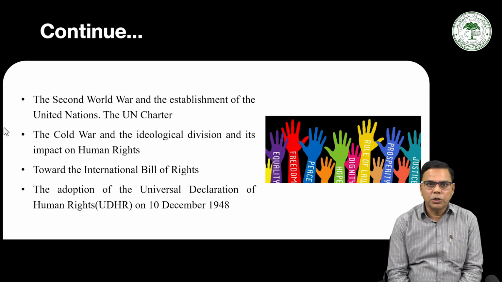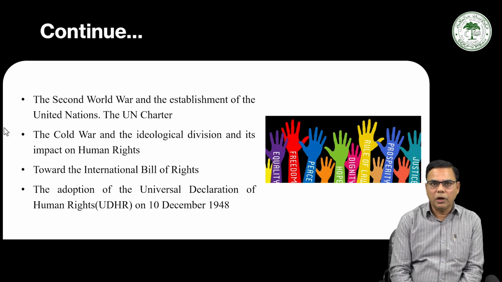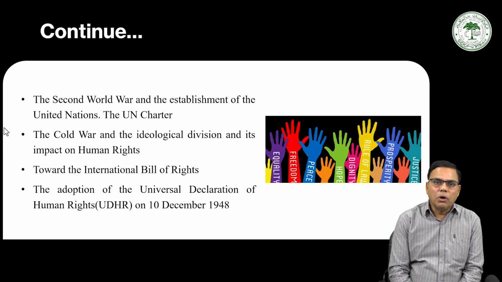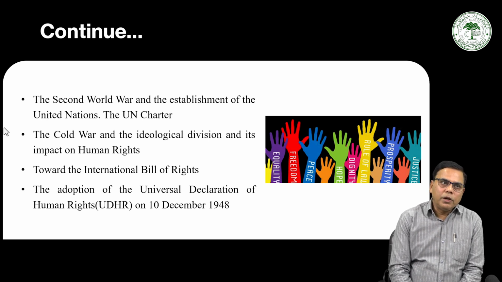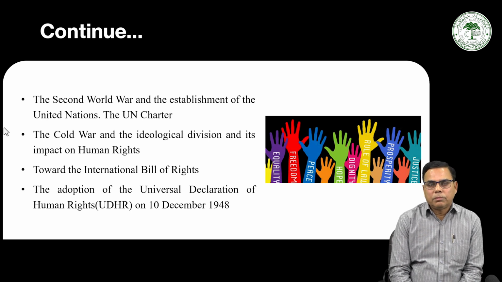There was a lot of discussion on the UDHR everywhere. So after that, from 1948, it took 18 years when two legally binding international covenants were adopted by the United Nations.